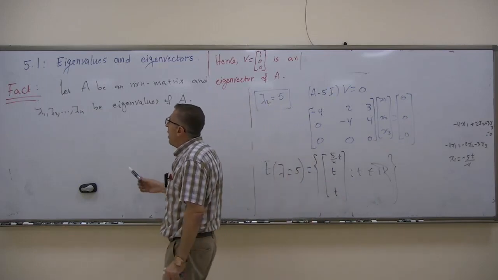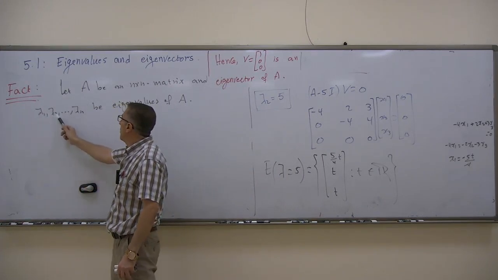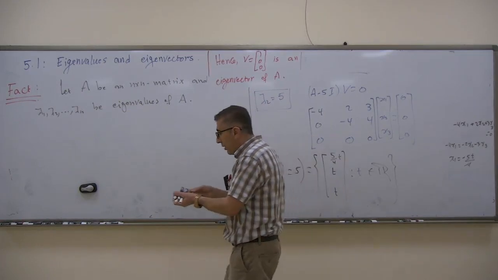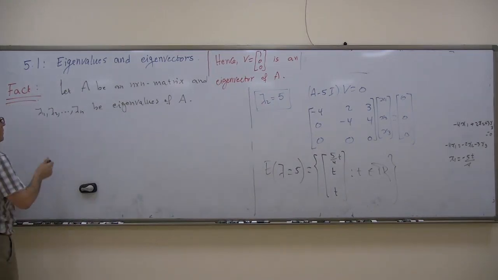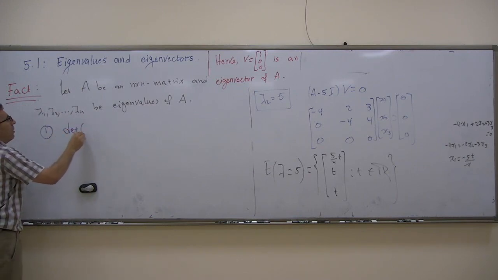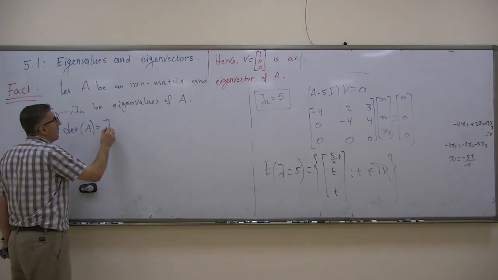So whatever they are, whether they are real or complex, whether they are repeated or not, let's say we have lambda 1, lambda 2, lambda n, okay? Here is the interesting fact. One, the determinant of A is the product of those eigenvalues.